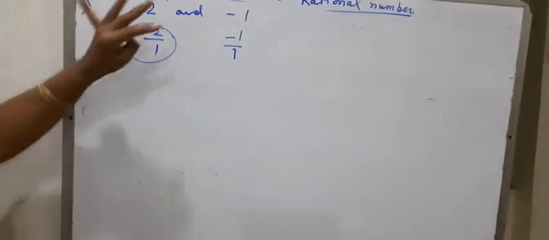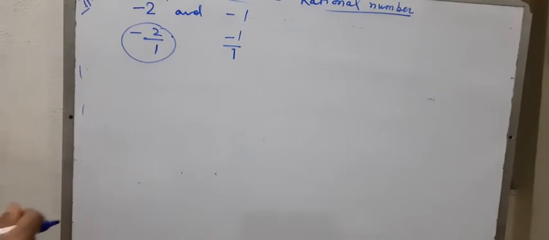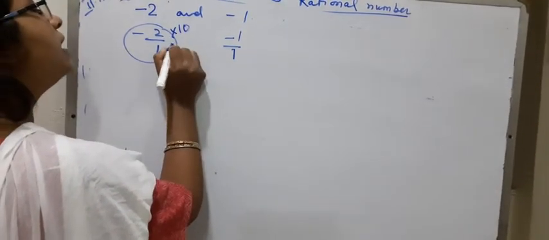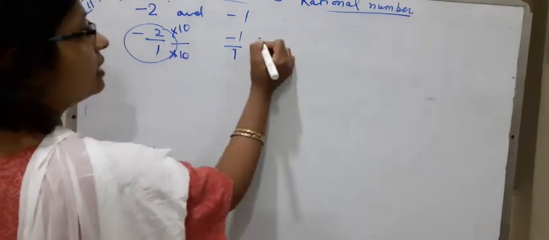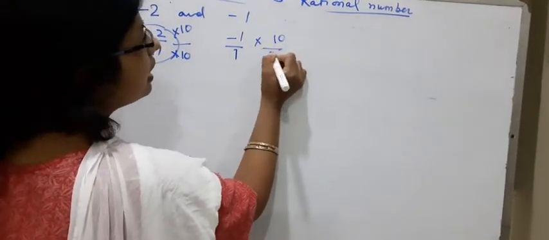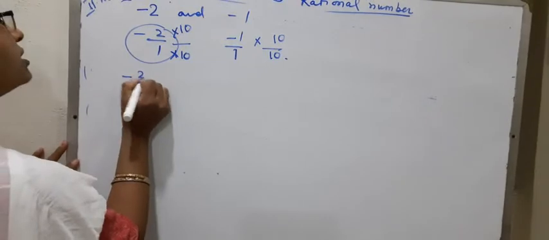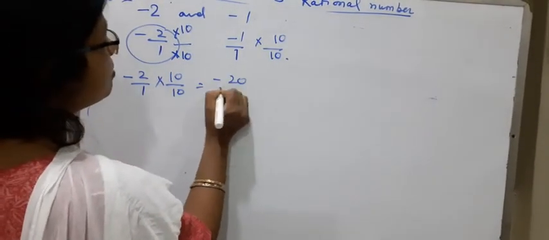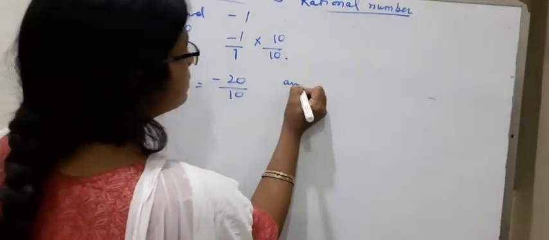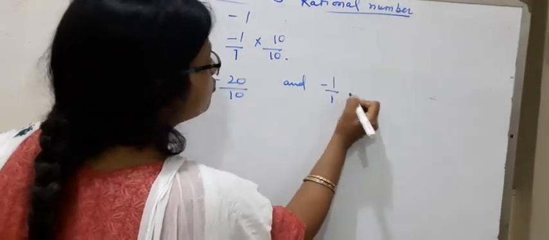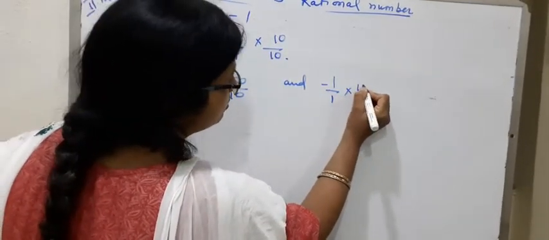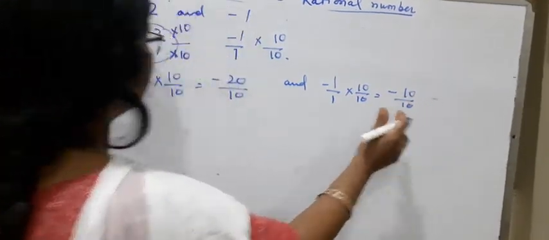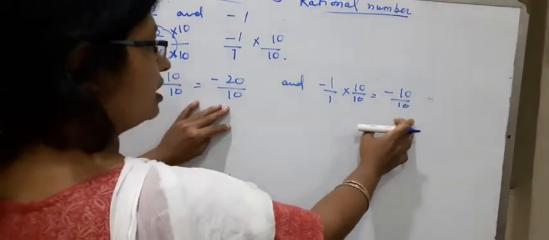We multiply numerator by 10 and denominator by 10. -2 by 1, multiplying by 10 by 10, we get -20 by 10. And -1 by 1, multiplying by 10 by 10, we get -10 by 10. Here both denominators are equal.